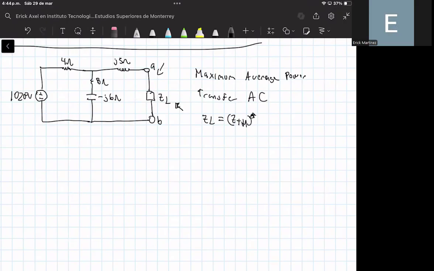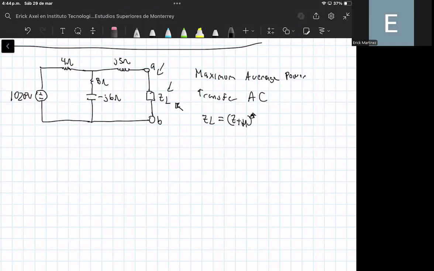So the approach to solve this type of problem is to first compute the Thevenin equivalent, in order to know what is the maximum average power transfer that can be delivered to the following load.